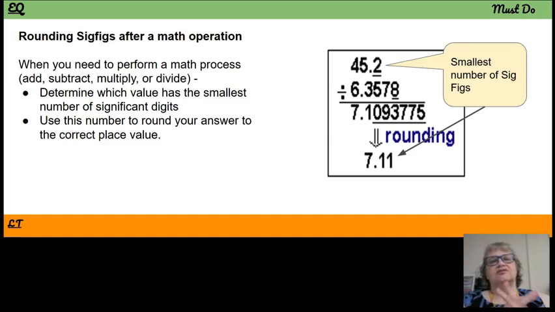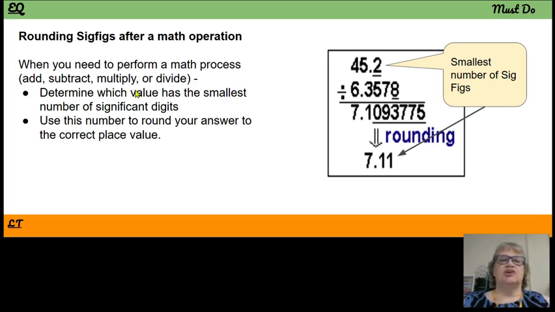Rounding significant figures after a math operation. Really, the only thing you need to know in any math situation, we're mostly doing multiplication and division, is that the number with the smallest number of significant figures is the number of significant figures that you should put your answer in, right?